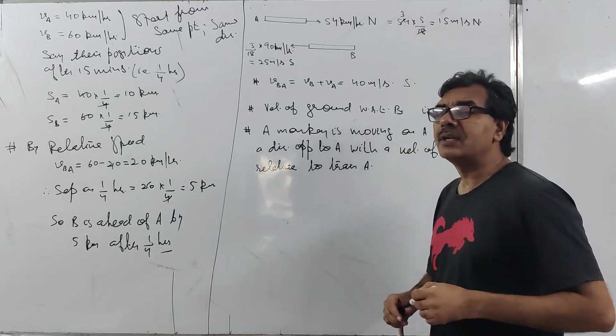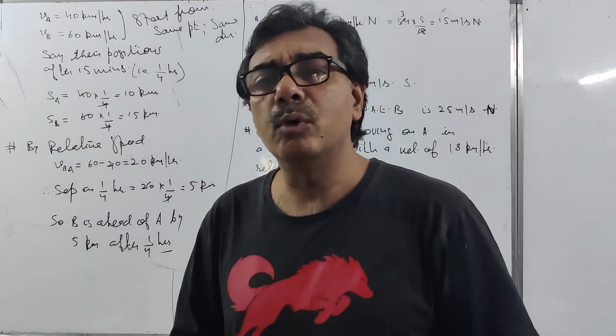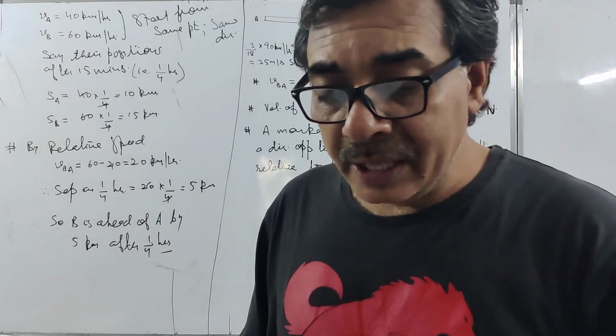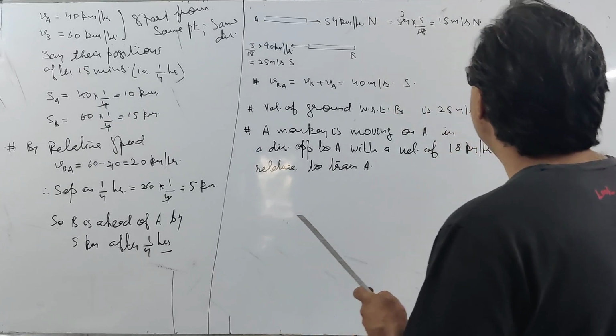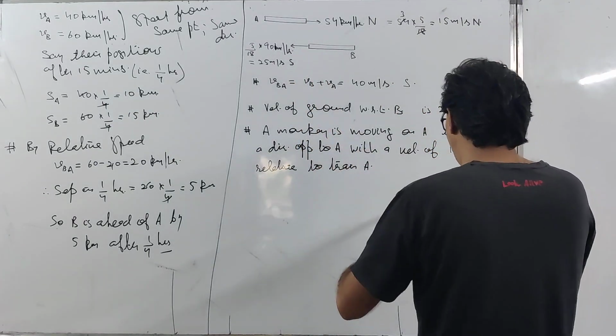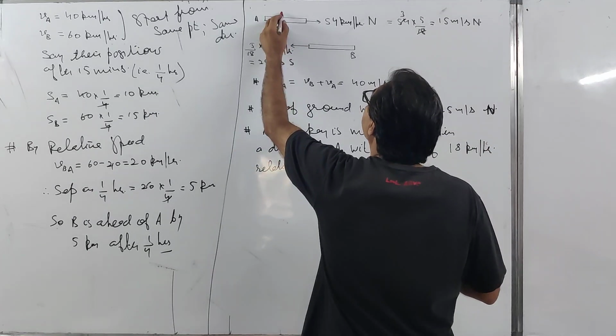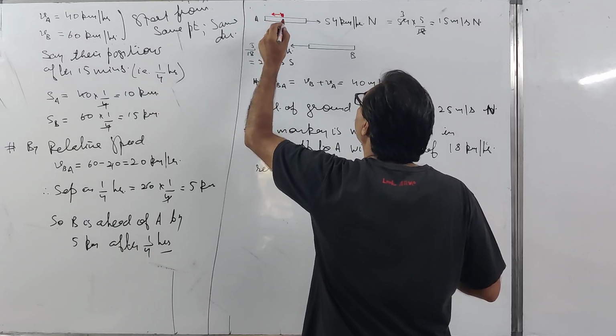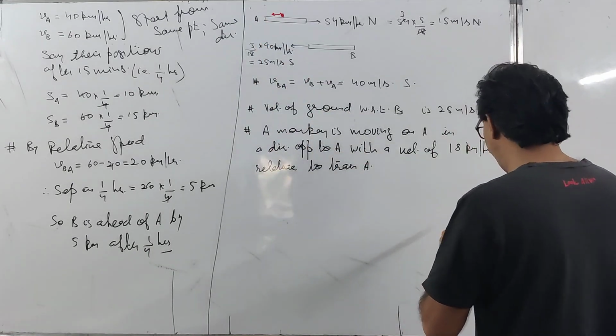Let me try to understand the question. He hasn't asked the question yet. He says that there is a monkey which is moving on A in a direction opposite to A. A monkey here is going this way with a speed of 18 kilometers per hour.